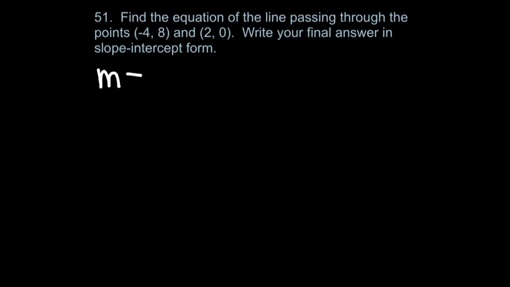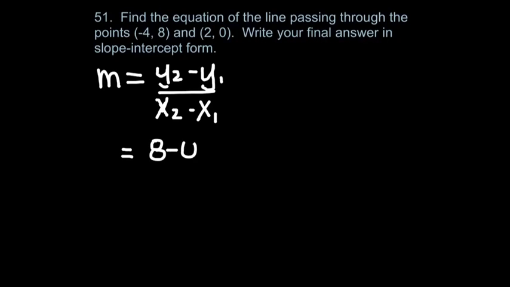We know that the slope formula has to deal with the change in y over the change in x. In other words, I can find the slope by subtracting the y-coordinates in the numerator and then subtracting the x-coordinates in the denominator. If I do this, the y-coordinates are 8 and 0, so I can take 8 minus 0.